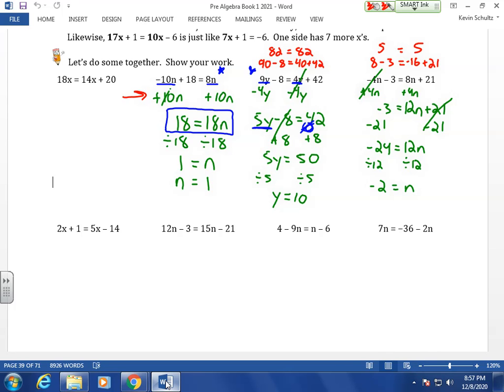One more time, the basketball analogy, right? Or in this case, golf, because we got a negative coefficient there. Which side has more n's to start with? What is greater, negative 4 or positive 8? Positive 8. How much greater is positive 8 than negative 4? What's that difference between positive 8 and negative 4?